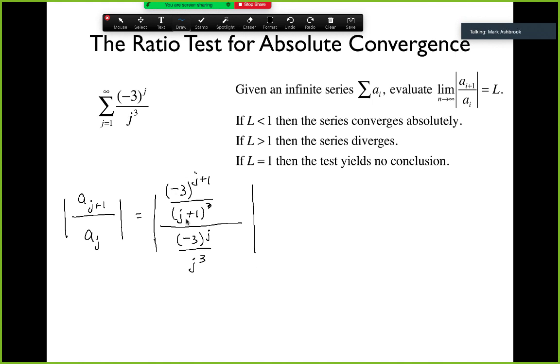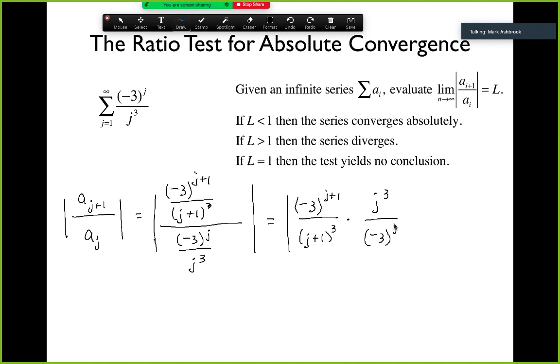So here's the j plus first term of that sequence, and here's the jth term. I'm dividing two fractions, so I can invert and multiply. I'll have negative 3 to the j plus 1 over j plus 1 cubed, times j cubed over negative 3 to the j.